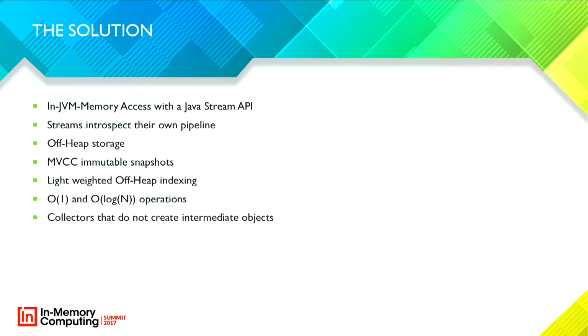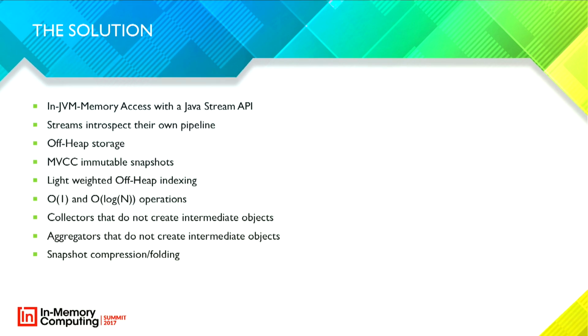We have collectors that do not create intermediate objects. We don't create Java objects when we collect things, because if we did, we would create a big heap, and we would have garbage collection, and the predictability would go out of the window. We have aggregators that do not create intermediate objects either.